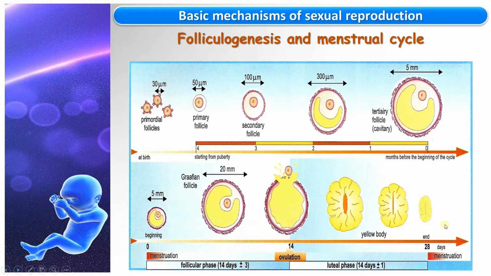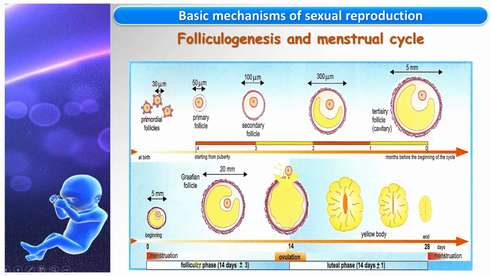This is the menstrual cycle, and as you see, at the beginning of it, there are follicles with 5 millimeters of diameter that correspond to cavitary follicles. The menstrual cycle is divided into two phases separated by ovulation.